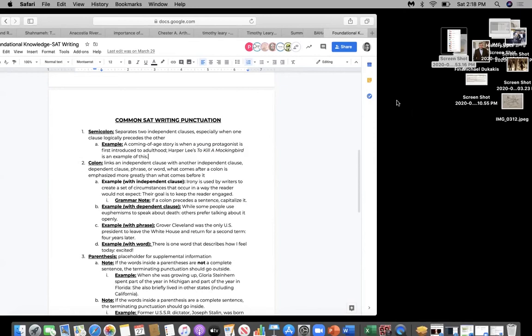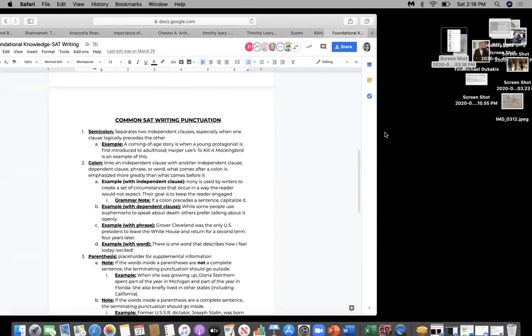Logically, if Sigmund Freud believes dreams are the royal road to the unconscious, that logically precedes: he is the founder of psychoanalytic psychology, a semi-outdated field. That makes the most sense. That's when I would say a semicolon is much better to use than a period.